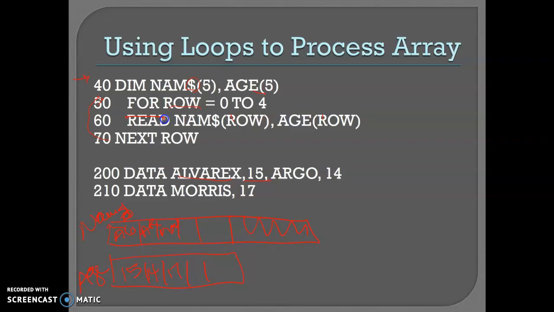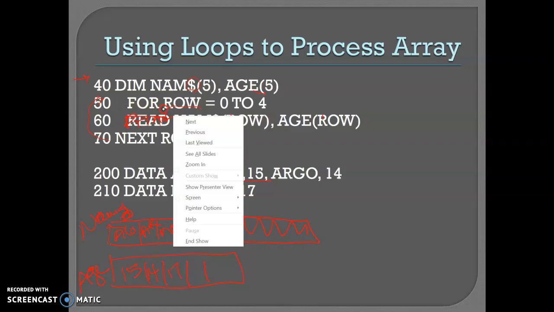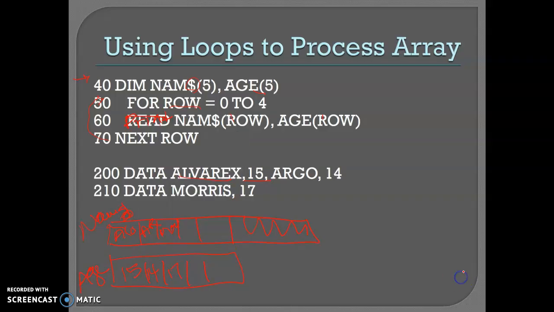I could change this to a print, and I can print the elements from the array for us by just changing that keyword. I could change that to an input, and then the user from the keyboard can input all of the elements that go into name$ and into age.